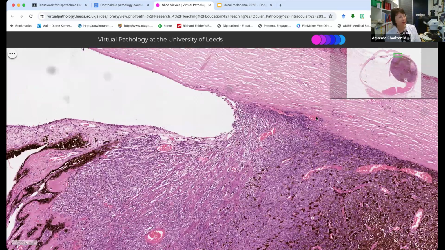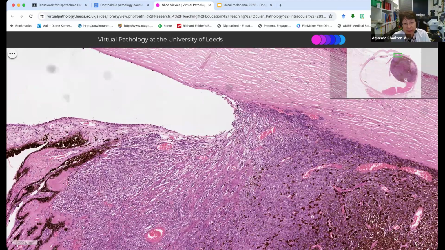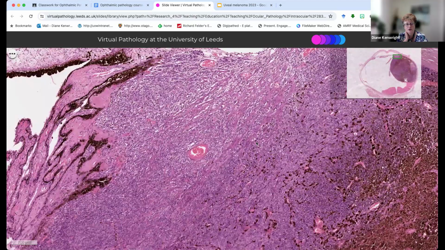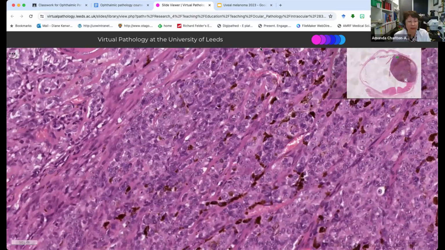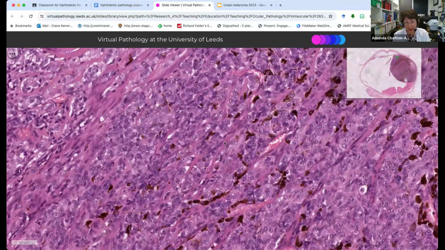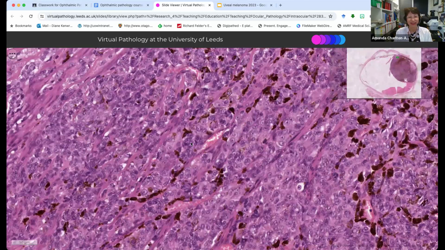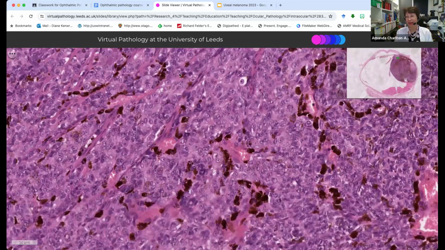Is there anything else that we need? Were there spindled cells anywhere, says Sarah? I thought that this was probably pretty much all epithelioid. Well, the answer is probably there are a few spindled cells. These ones are spindle cells here. But for classification, it has to be more than how many percent?